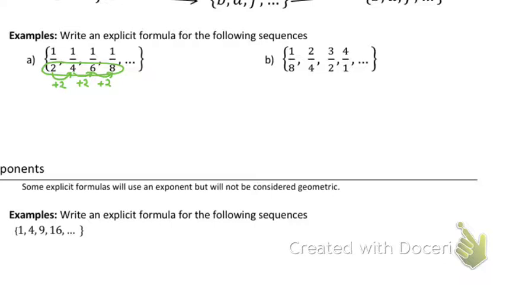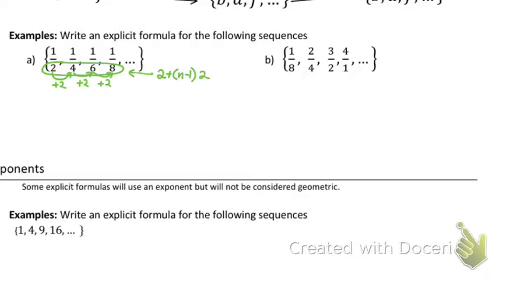So our top's just going to be 1, but our bottom is going to be an arithmetic sequence where we do our first term plus n minus 1 times our common difference. So our bottom is our arithmetic sequence. Once again, that is your first term plus n minus 1 times 2.